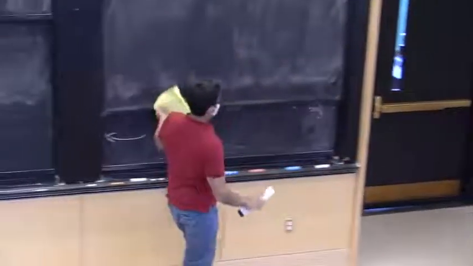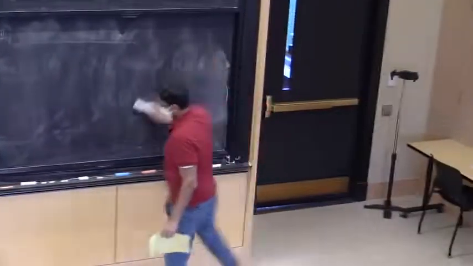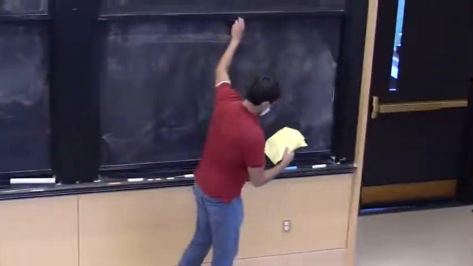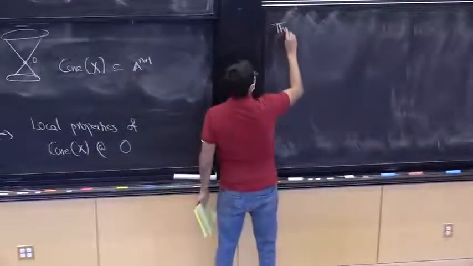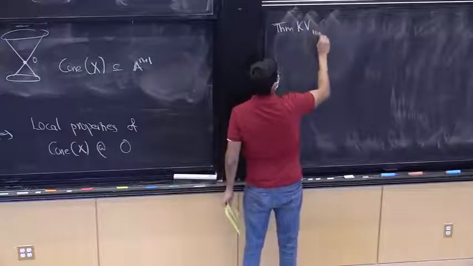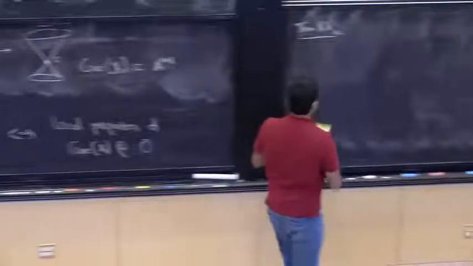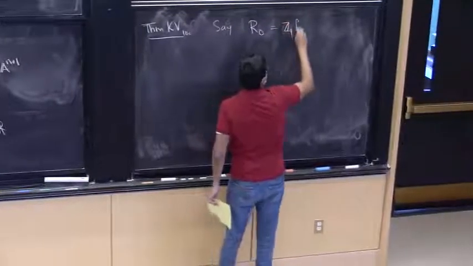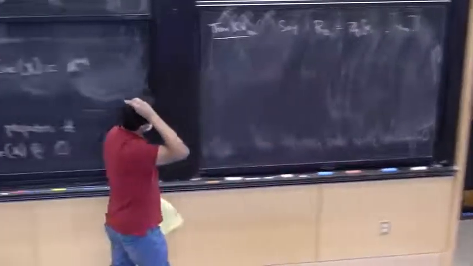Because one advantage of working with rings rather than varieties is you can use elements much more easily. So here's the element version of this Kodaira vanishing theorem. I'll call it theorem KV log. Here's what it translates to. Say R0 is a polynomial ring over the p-adic integers, Zp adjoin x1 through xn.